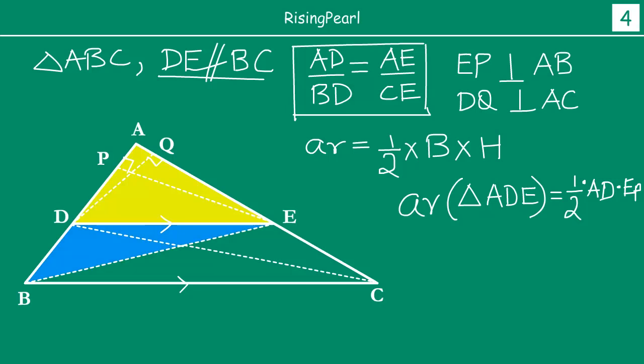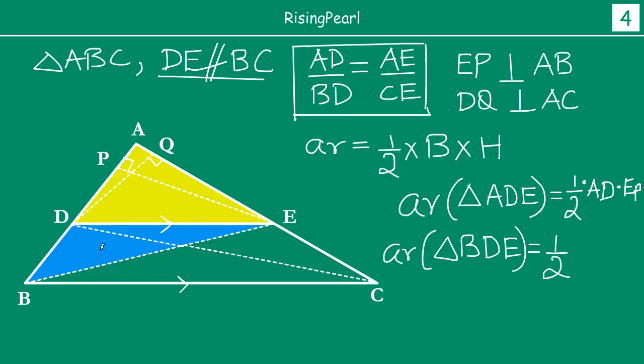Next, I'm going to look at this triangle, which is highlighted in blue. So here what I have is the area of triangle BDE. Now this is equal to half times, again I am trying to actually get to this measure BD.